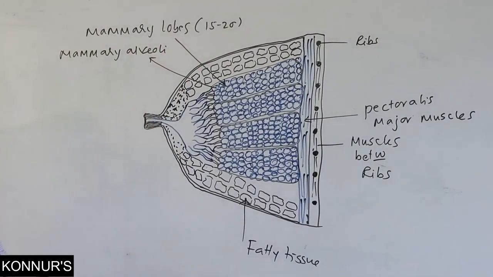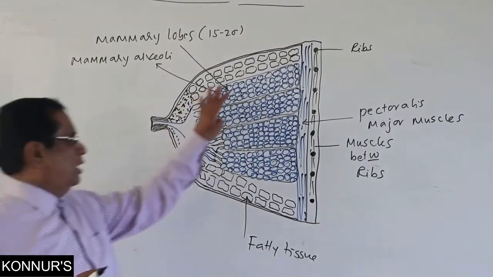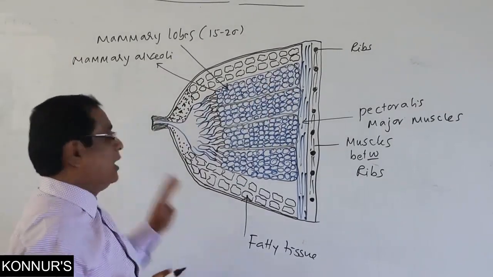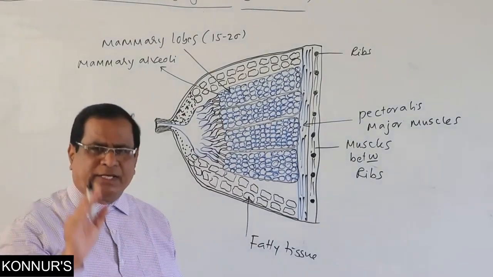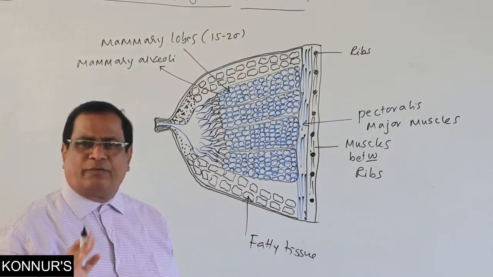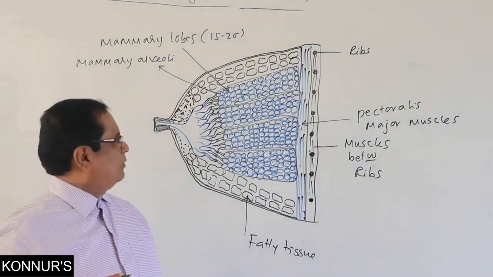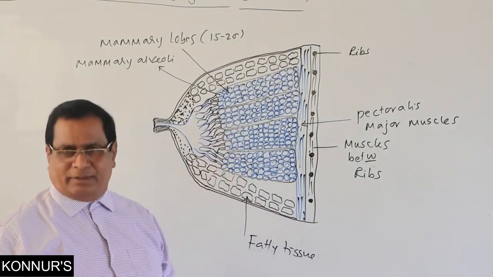Singular alveolus. A group of mammary alveoli are there, and these alveoli are meant for the production of milk after childbirth.